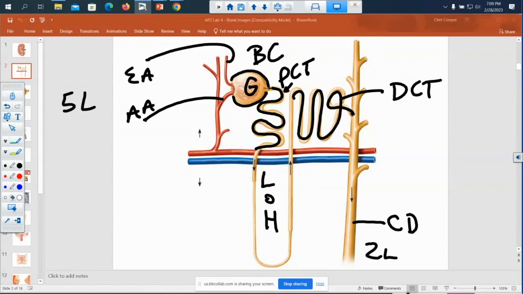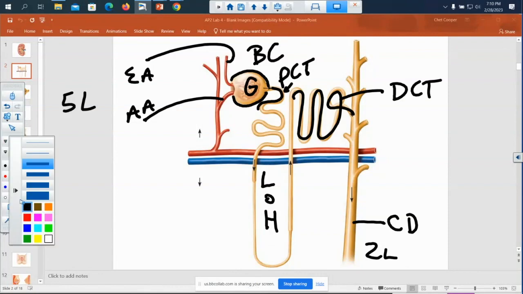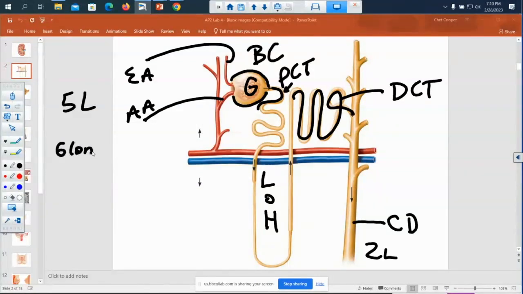So here's the next part. We know from what I've been saying that over here, the fluid's not called urine. It's not blood. It's been filtered at the glomerulus. That's what happens at the glomerulus.